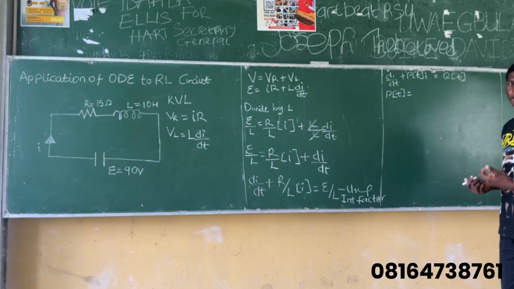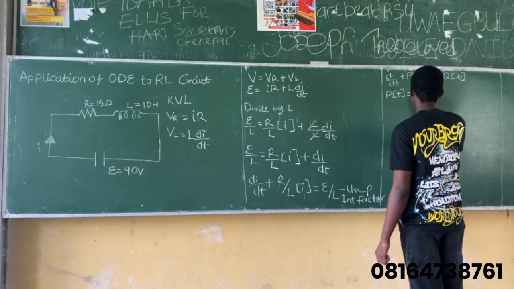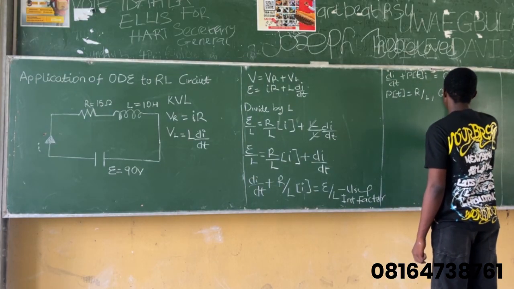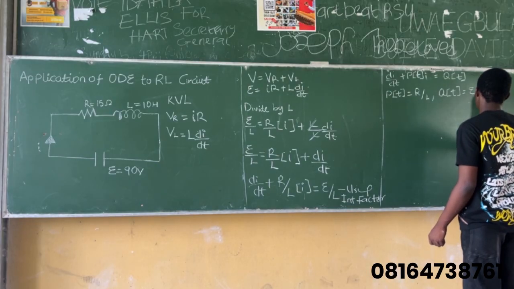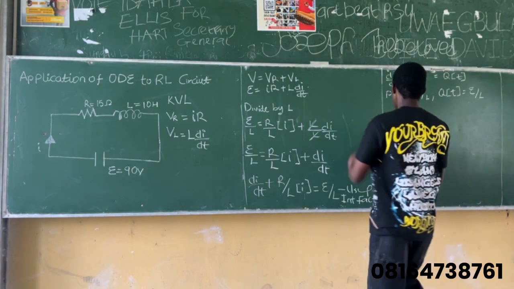We are going to be using the formula for the integrating factor method. So P of t now is R over L, and Q of t is E over L. So now we are going to be substituting it into the equation.